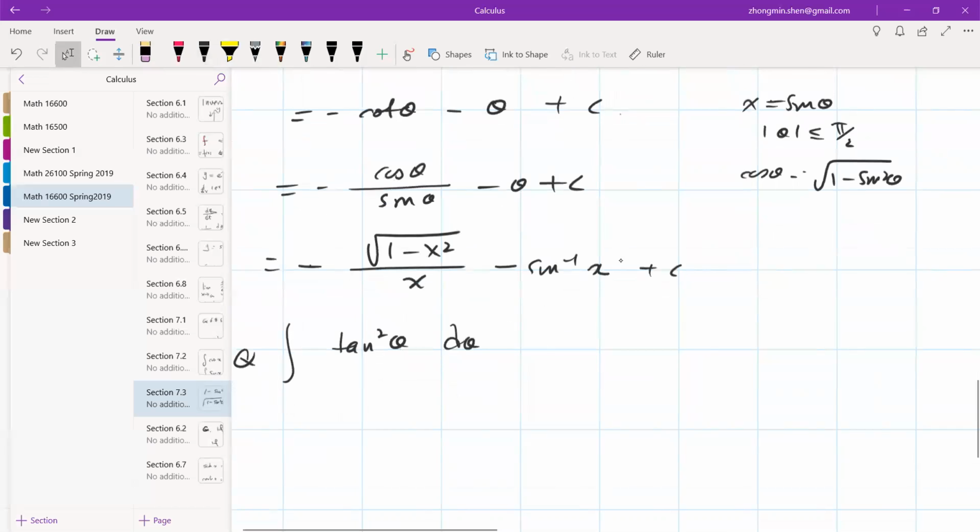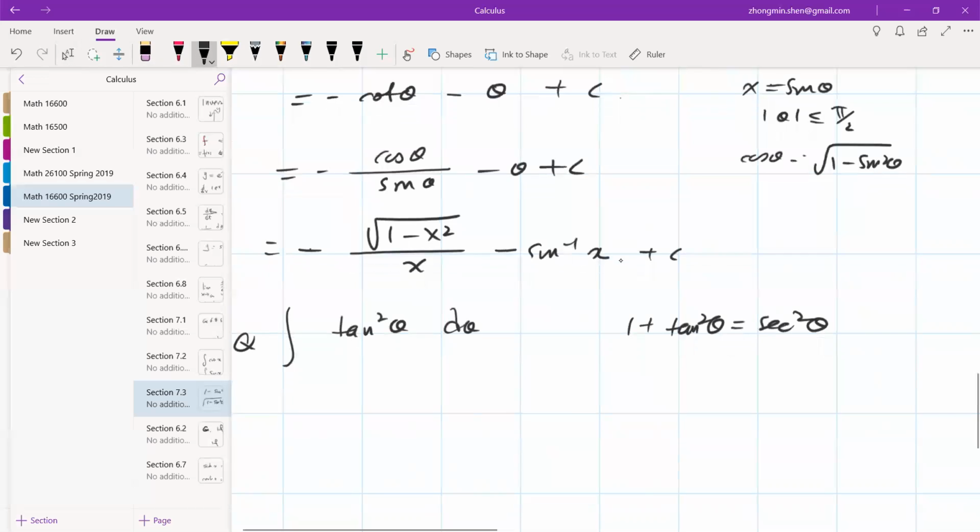This is from the last section, tangent squared theta. The equation is here. This is an identity. We know that the derivative of tangent theta is secant squared theta. So if I have a secant squared theta, then I can get the integral quickly.